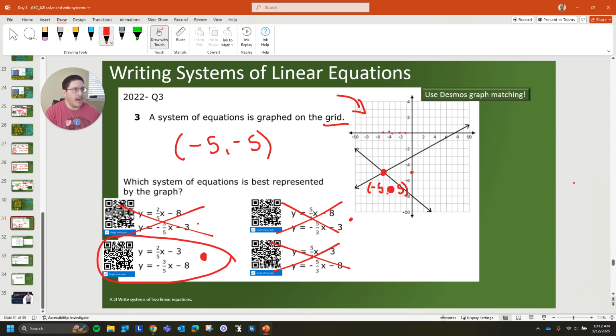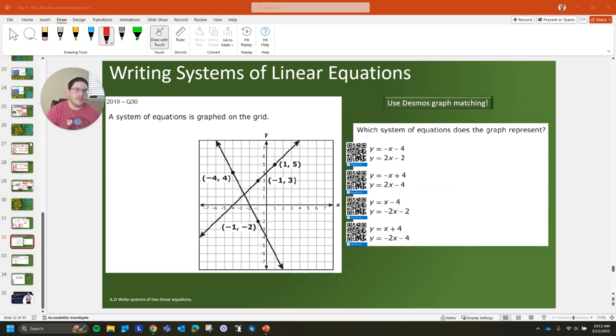But I chose the intersection, the solution, because that was the most easily identifiable part of the equations. And if they had the same solutions, then you would go a step further and look at the slopes and y-intercepts to see if they all match. Anyways, that's it for this problem.